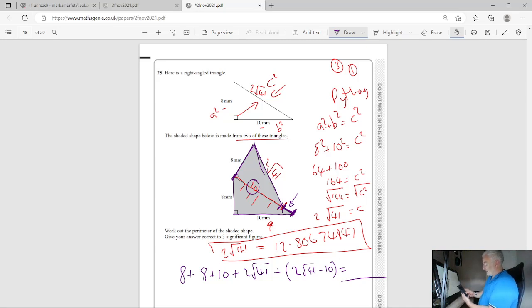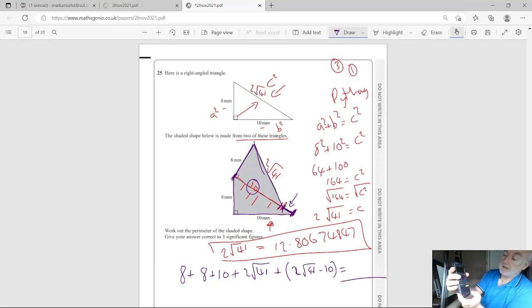So I've got 8 plus 8 plus 10 plus 2 surd 41, tab to the right to come outside of the surd, plus, and then I'm going to put in brackets what I've just written on the screen. So I'm going to put 2 surd 41, tab to come out of the surd, minus 10. You can see there on the screen, hopefully, that that's what I'm going to put in for my answer.